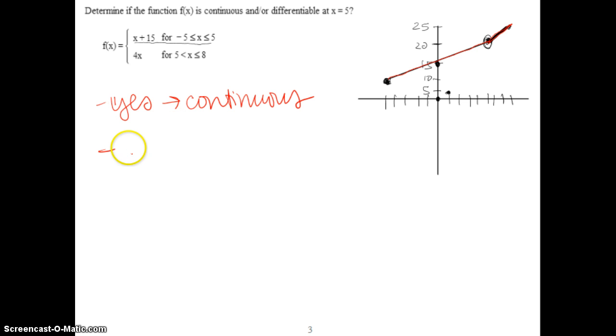But is it differentiable? It is not differentiable because, even though it's a very slight change in slope, there is a change in slope, which means there can be more than one tangent line to the graph. And because there can be more than one tangent line to the graph, it is not differentiable.